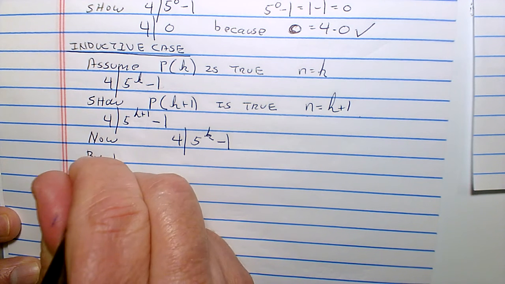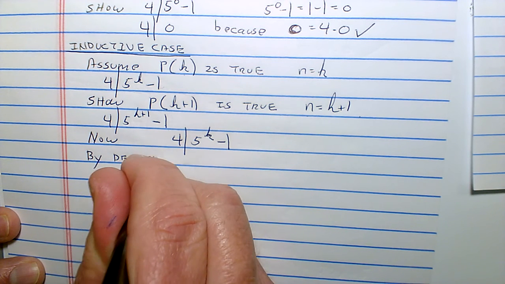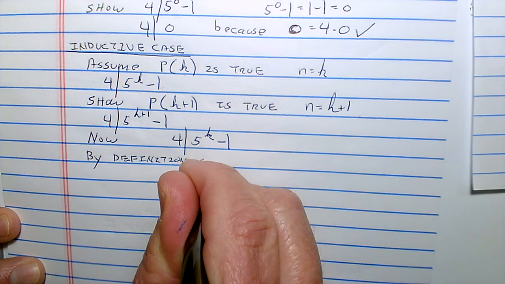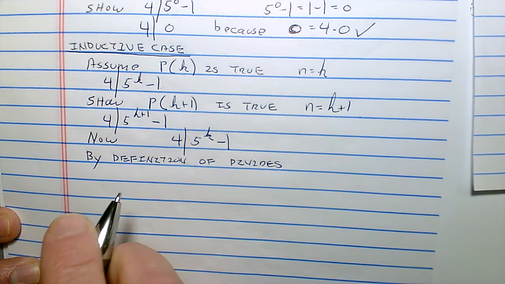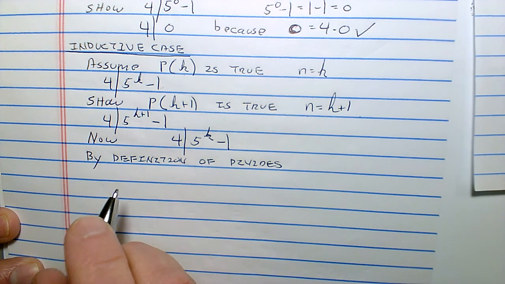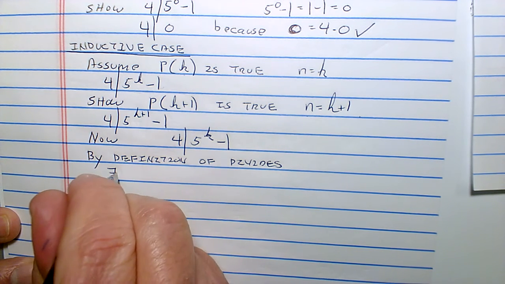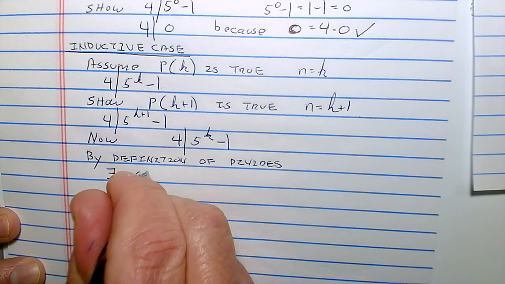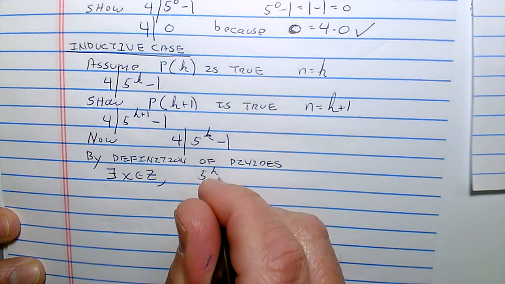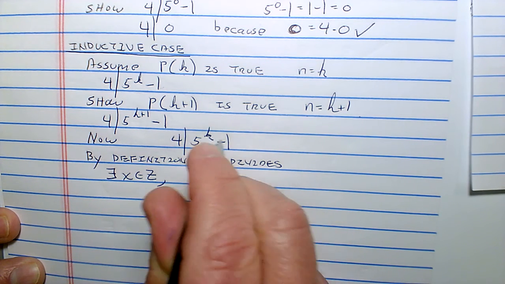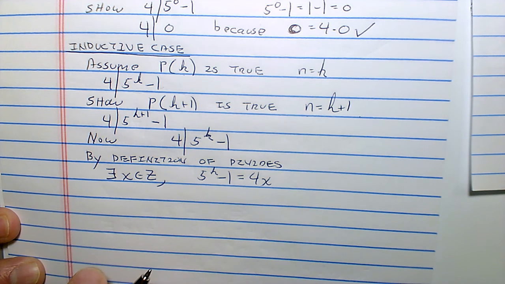Now, by the definition of divides, what does this mean? It means there exists some integer, let's call it x, where 5 to the k minus 1 is equal to 4 times x.